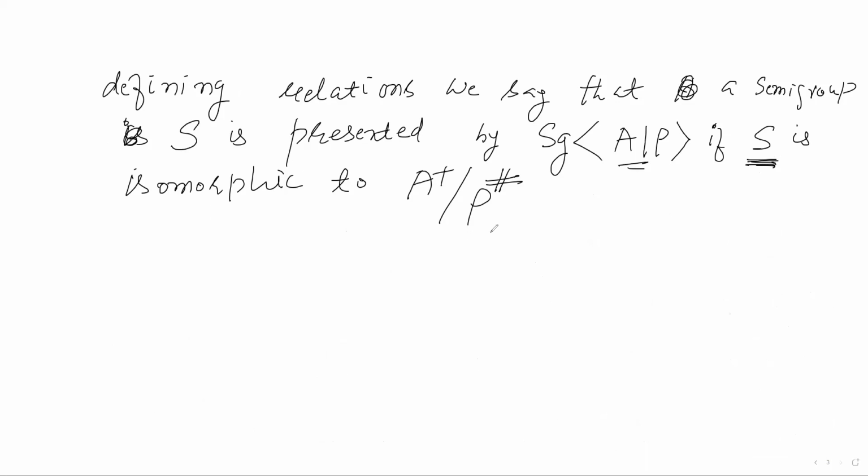We know this rho sharp is actually the congruence generated by rho. So we have this now. Once S is isomorphic to A plus over rho sharp, there is a one-to-one correspondence between the elements of S and the rho sharp classes.